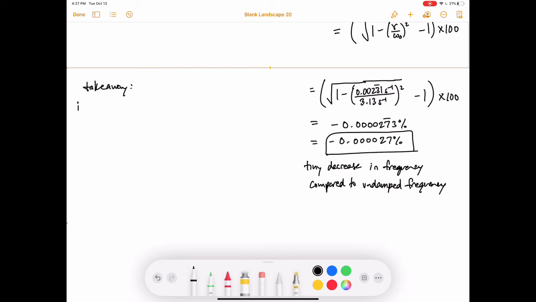If the damping is small, and that means that omega naught is a lot bigger than gamma, as we had here, the frequency of the oscillations is not really going to be that different from the undamped frequency.